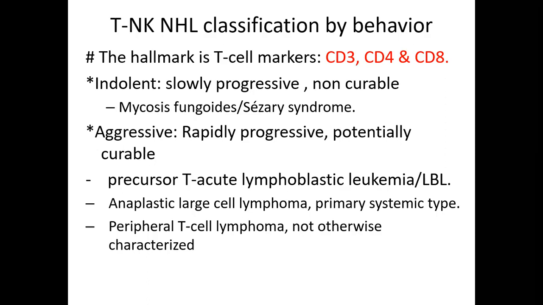We have the aggressive subtype, which is rapidly progressive, potentially curable, like precursor T-cell acute lymphoblastic leukemia and lymphoblastic lymphoma, anaplastic large cell lymphoma, and peripheral T-cell lymphoma. So you see in each type of lymphoma, whether it is B or T, there is a group which is indolent, slowly progressive, and there is a group which is aggressive.